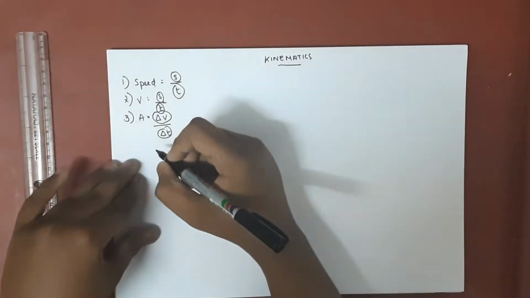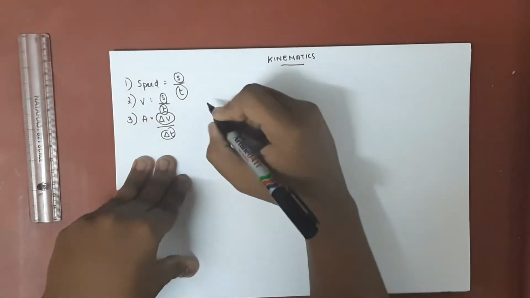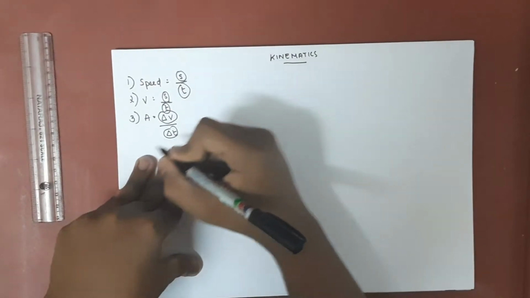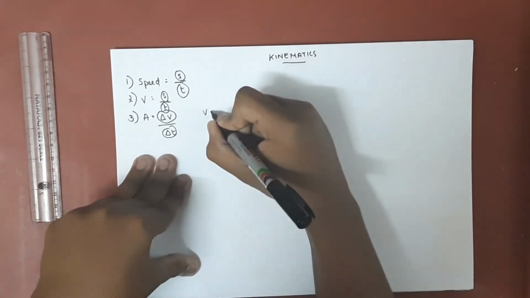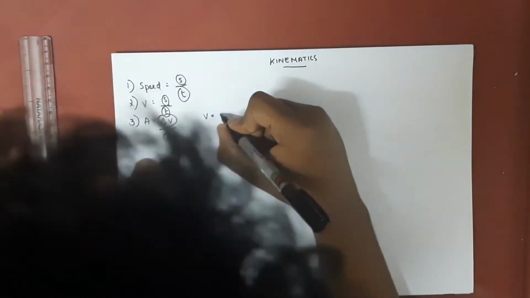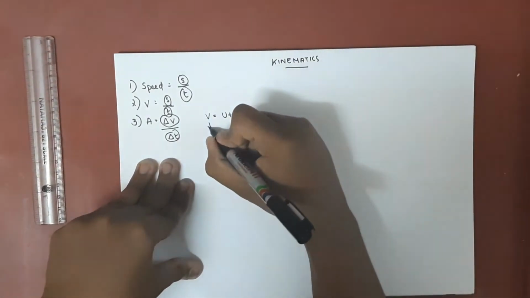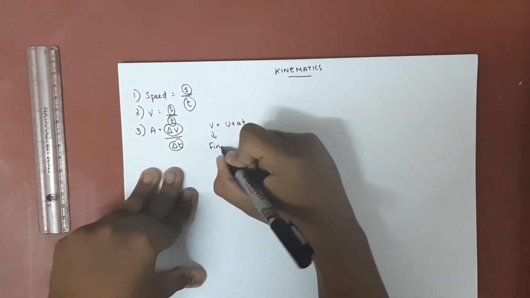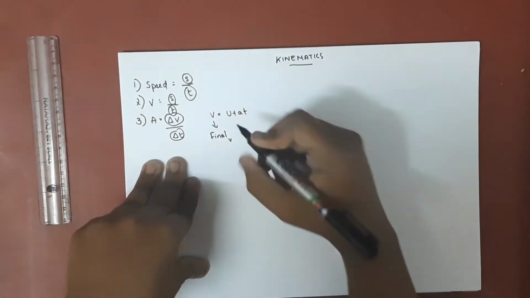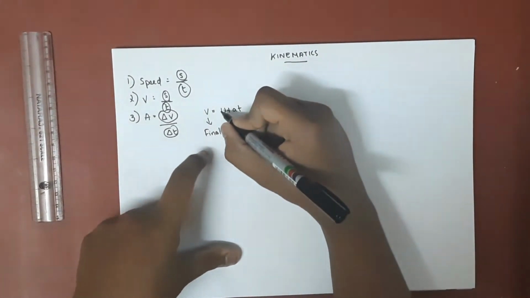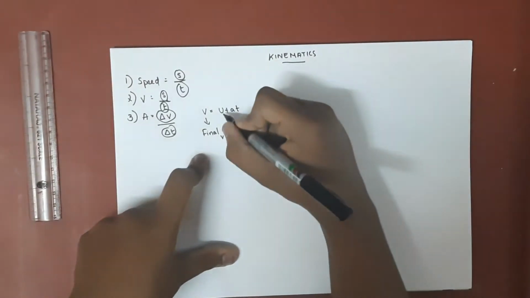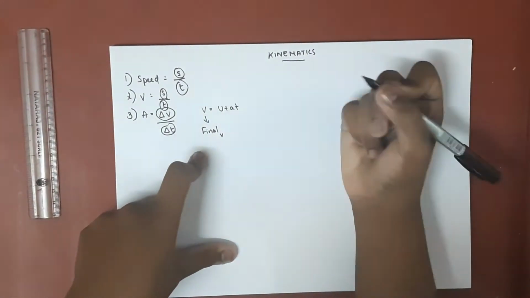Now let's get into the next set of equations we have. There are more equations for velocity. Let's look at one of them. The first equation is v is equal to u plus at. This is for the final velocity. The final velocity is equal to initial velocity plus acceleration multiplied by time.